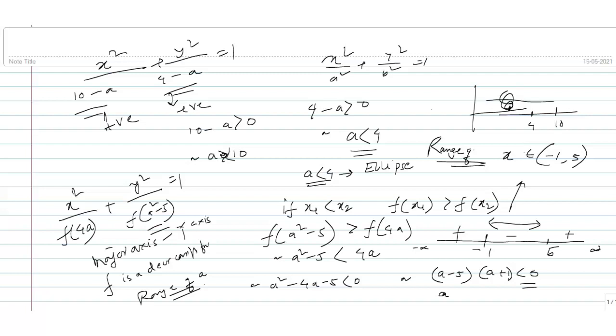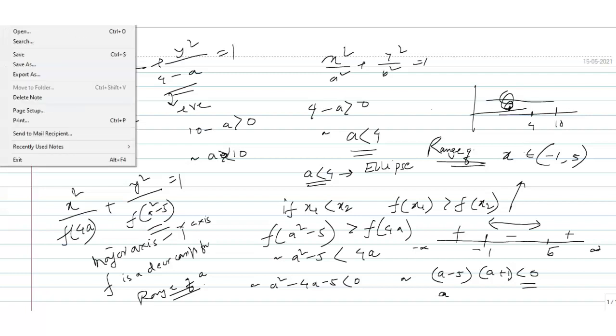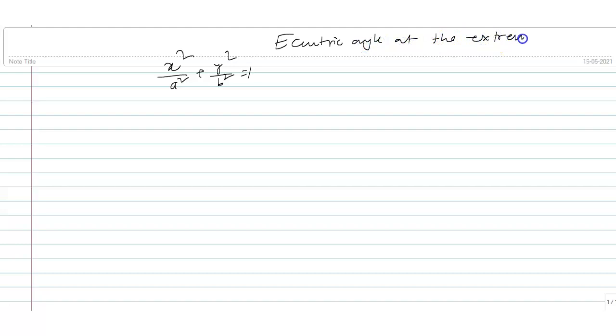And let us say something about the eccentric angle, one question. Let us give you the idea. Suppose the equation of the ellipse is given. We have to find the eccentric angle at the extremities of the latus rectum.